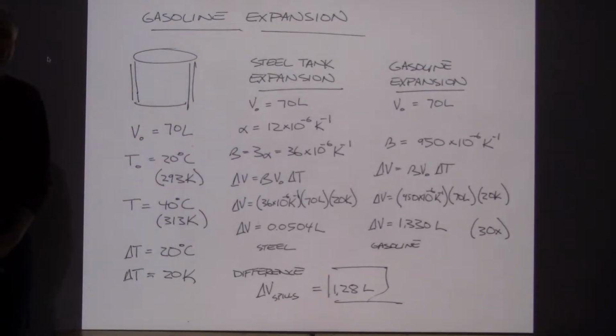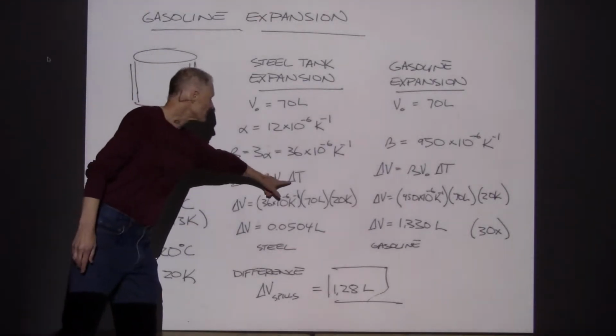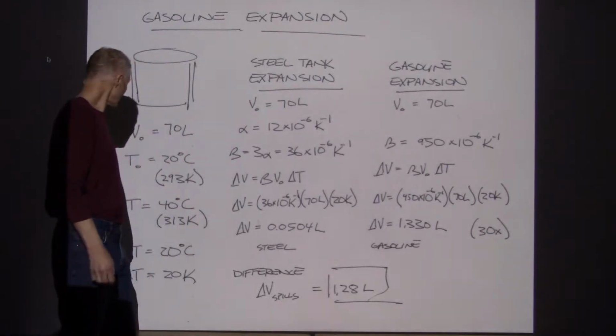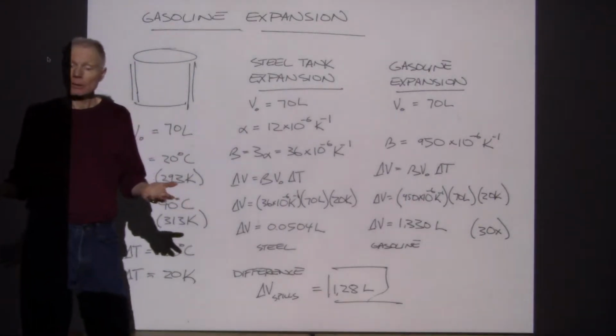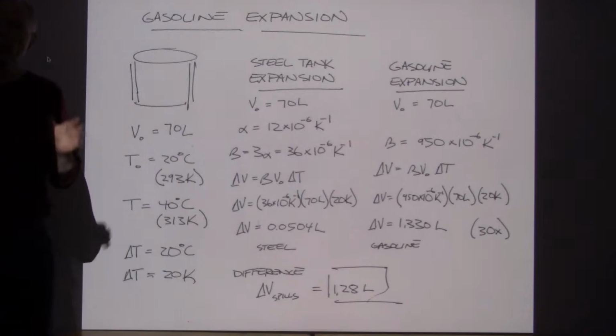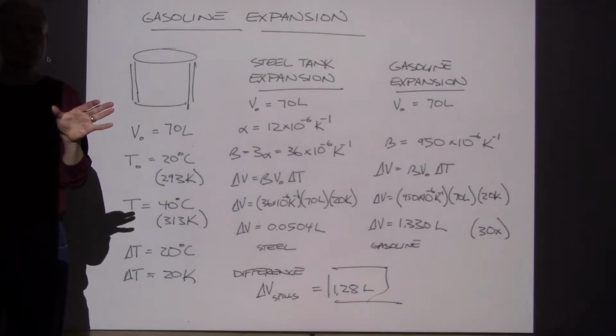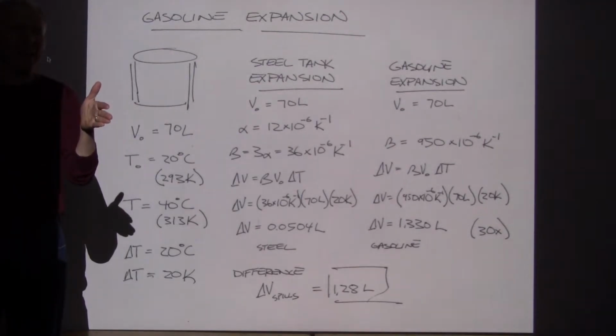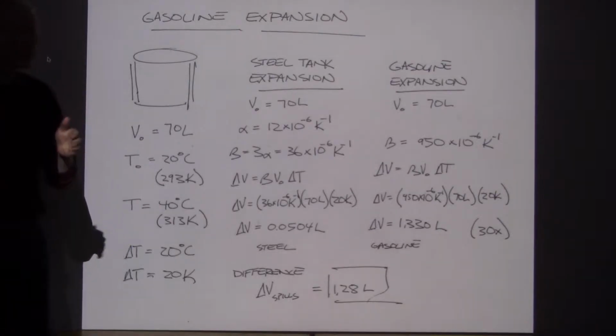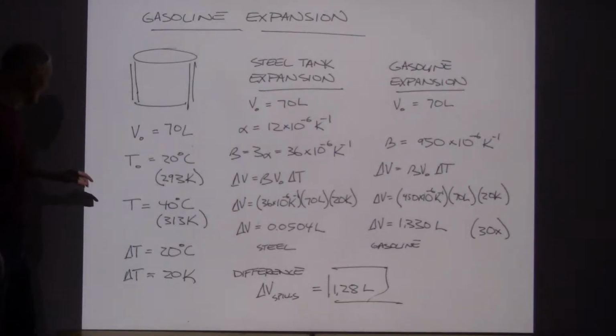And the reason for that is if I'm working with a formula that involves delta T, it is the same in Celsius or kelvins. Kelvins are defined in a way where they're the same size as Celsius units. So let's try this out.